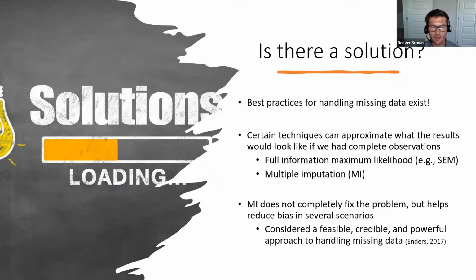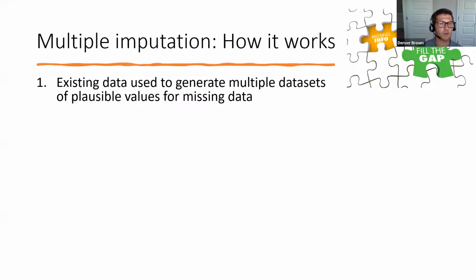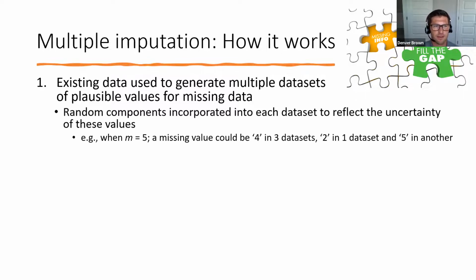So you're probably wondering, what the heck is multiple imputation? I'll walk you through how it works. Multiple imputation is using existing data to generate multiple data sets of plausible values for missing data. When we say multiple, that refers to having more than one data set created so that we can have some randomness built into what we see.